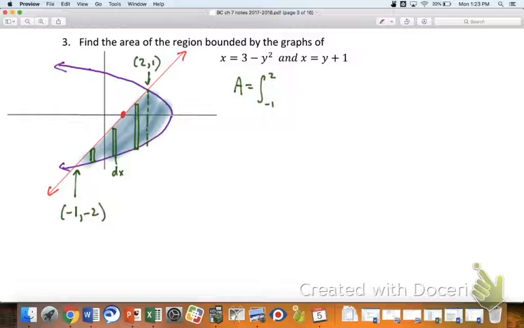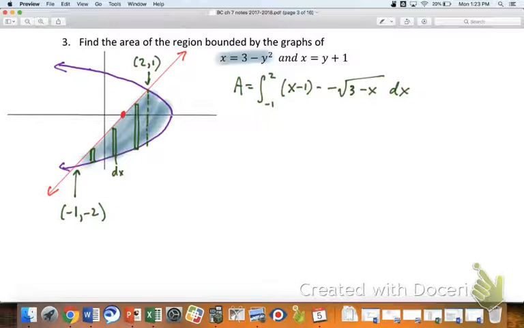So somebody could then say, all right, that would be x minus 1 minus the negative square root of 3 minus x, dx. You'd have to do a little bit of work with this equation to get there, but you just have to solve it for y.